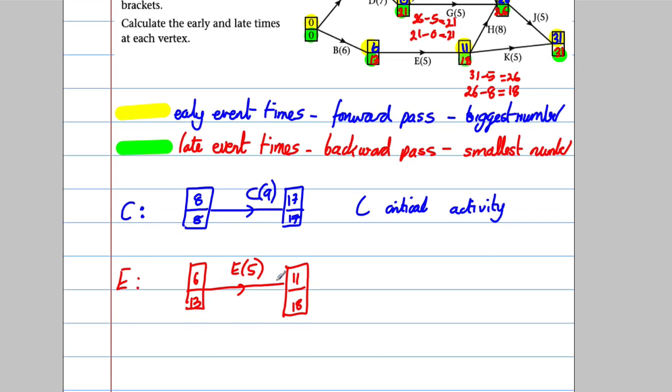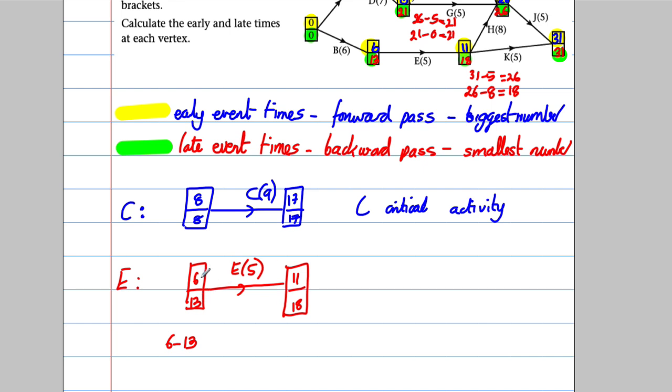For activity E to happen, the earliest I can get to this event is 6. But I can hang around till 13 before I leave there and do activity E. Because it's 5 long, I could leave there anywhere between 6 and 13. Because if I add 5 onto 6 I get 11, and if I add 5 onto 13 I get 18. So I've got some variability.